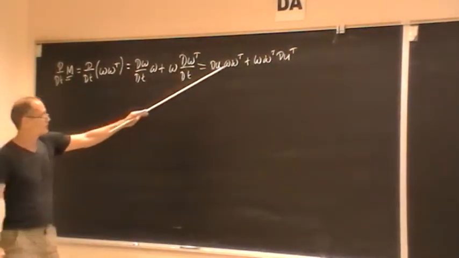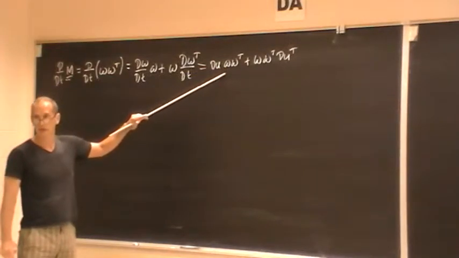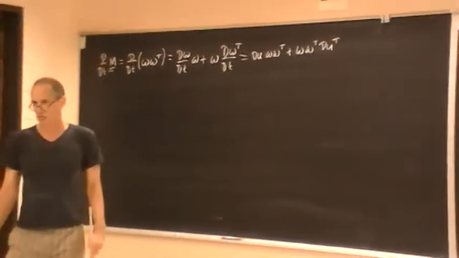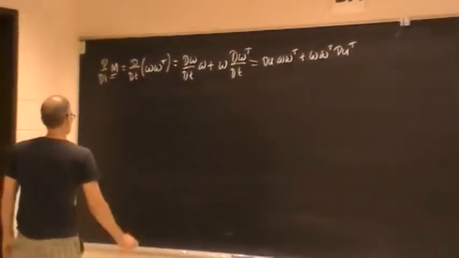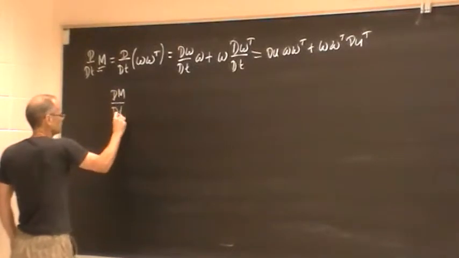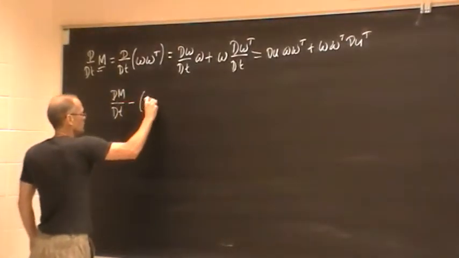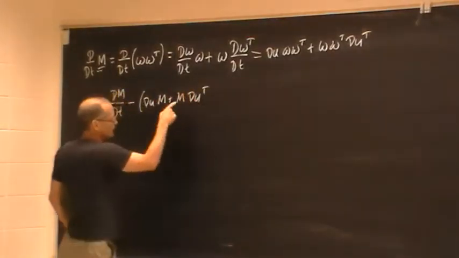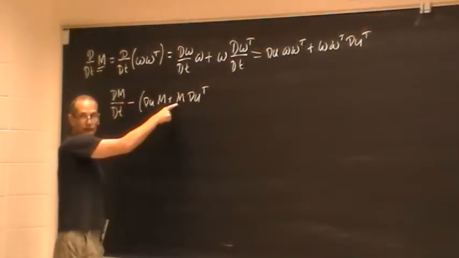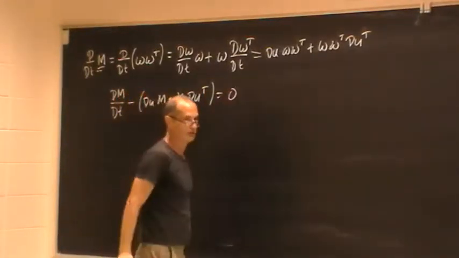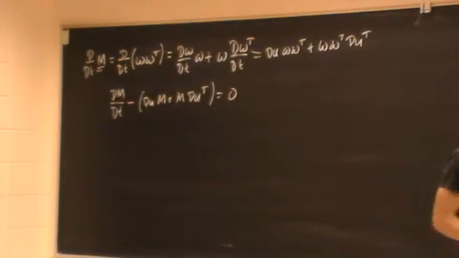And what's omega omega transpose? That's M again. So this equation closes for this rank 1 tensor M for its evolution. So I can rewrite this as dM/dt minus grad u M plus M grad u transpose. Of course, I didn't put a transpose here because M is symmetric. Is equal to 0.